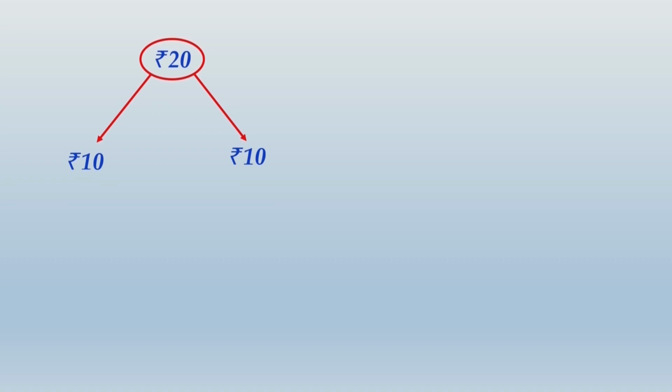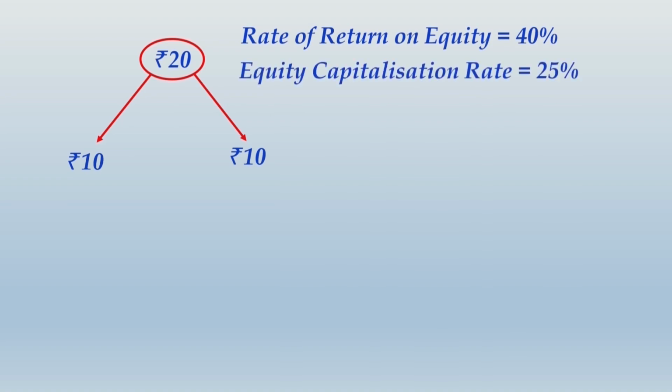Now what appears on the left is the shareholders' money in the shareholders' hand, that is rupees 10, and what appears on the right is the shareholders' money in the company's hand. Now the rate of return on equity is 40%, whereas the equity capitalization rate is 25%. What is the significance of these two lines? The company has the capacity to generate 40% return on its equity, whereas the shareholders' expected rate of return is only and only 25%.